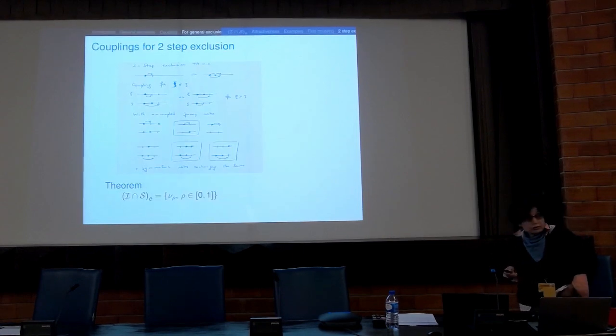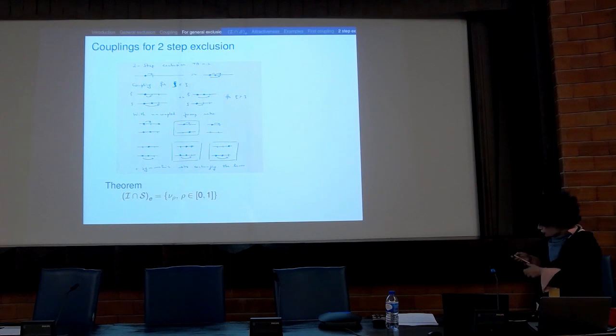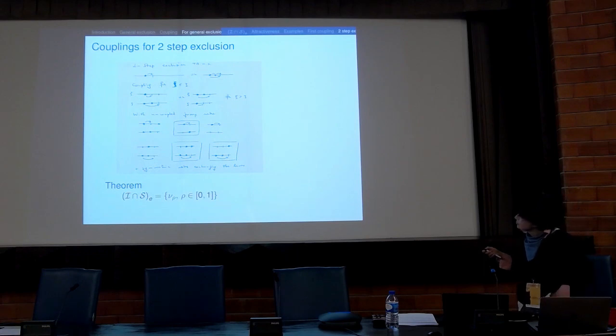So to finish, I just wanted to show you what it looks like for two-step exclusion, the one I showed you at the beginning. Just to remind you of the model, you can either go one step to the right or you jump 2 steps. So what are the coupling possibilities?